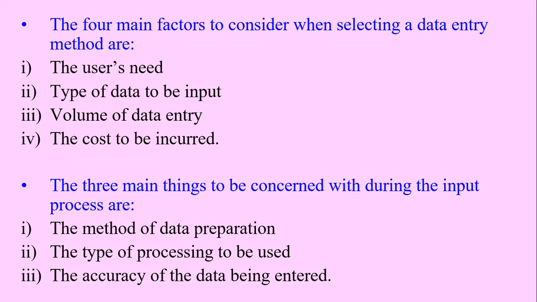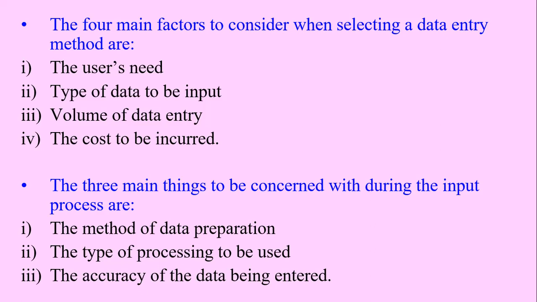Before you make a decision as to which input device you are going to use, it is important that you select a data entry method. And therefore, the four main factors that you need to consider when selecting a data entry method are the user's need, the type of data to be input, the volume of data entry, and the cost to be incurred.